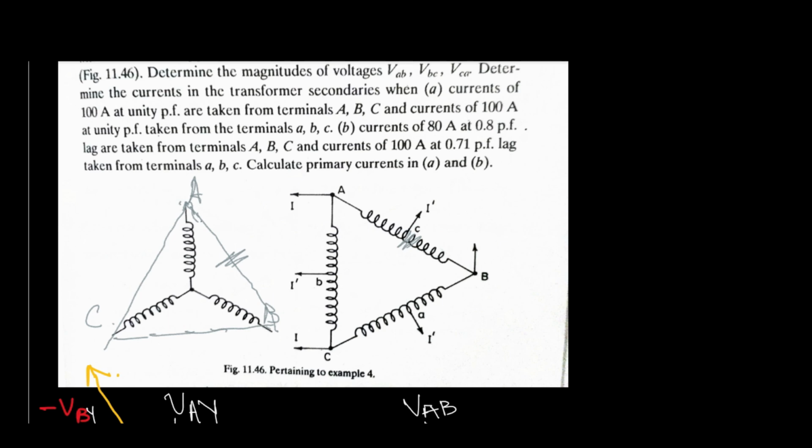Now what about V small AB? See the position of V small AB. How to get that V small AB? If this is VAB, here it is your V small AB. If you just draw a triangle and divide them by basic geometry, you can understand that the distance between A and B is half of this capital AB.